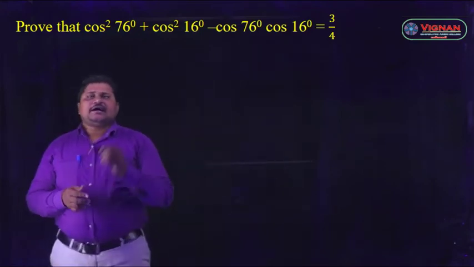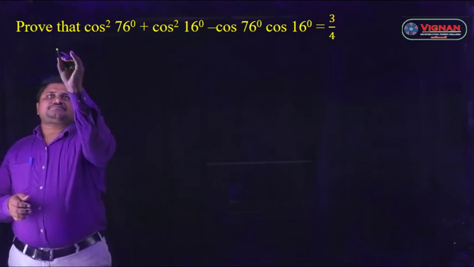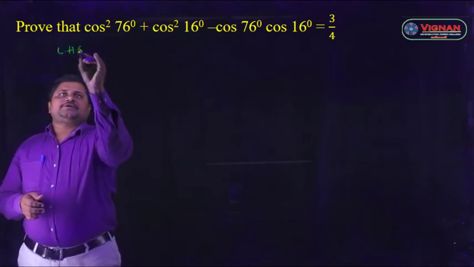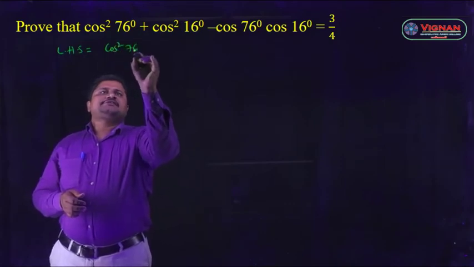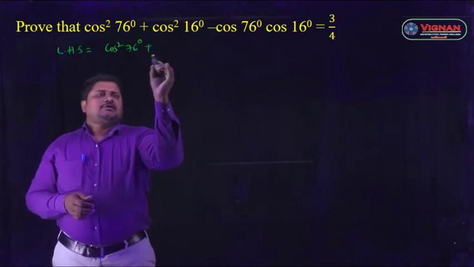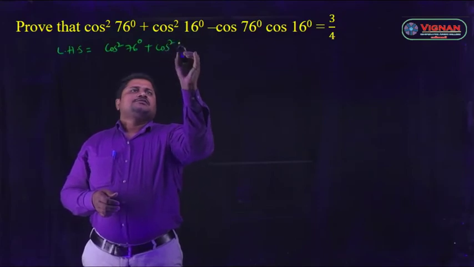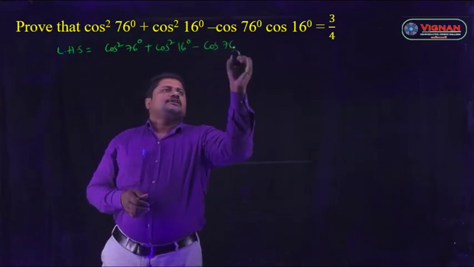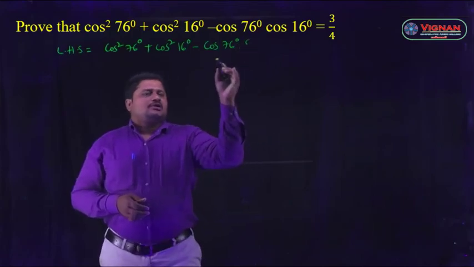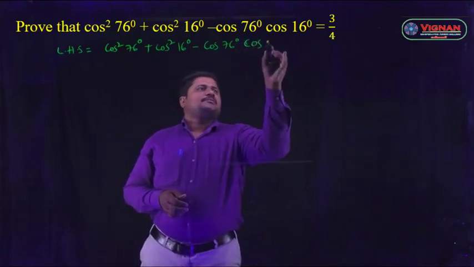First we take the LHS. LHS is equal to cos square 76 degrees plus cos square 16 degrees minus cos 76 degrees into cos 16 degrees.